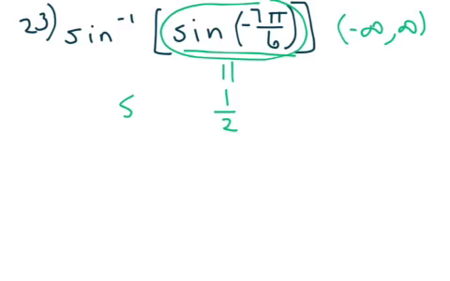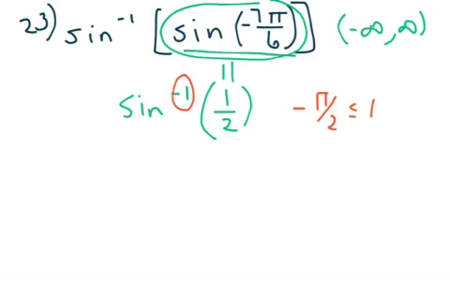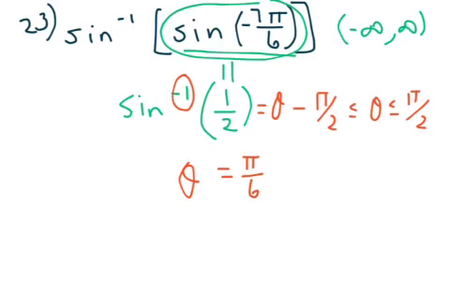And now we want sine inverse of 1/2. Now we have to do our restrictions because we're dealing with the inverse, which is negative pi over 2 to pi over 2. And when you look on your chart for 23, you set this to theta. Theta equals pi over 6. And that is your answer.